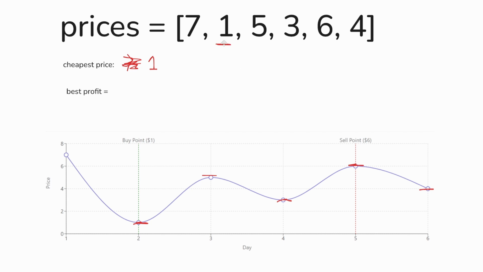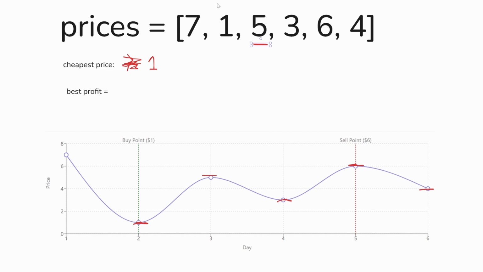So we're going to go to day 3, and we ask, what is the cheapest possible price that we found? It's still 1 because the price went up to $5, and 5 is greater than 1. So the cheapest price is still 1, but we're going to compute the profit. How do we get the profit? The profit is the amount of money we're going to get if we sell today.